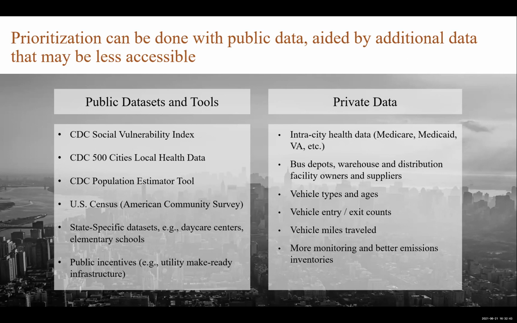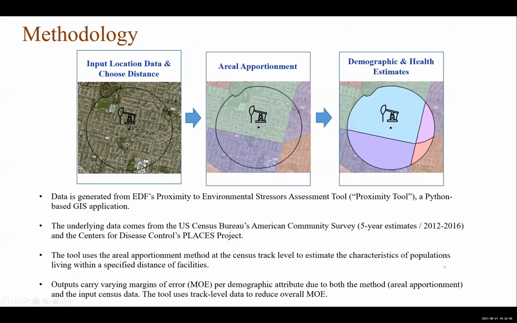Again, a prelude to some of the work that's happening right now. As far as the methods, we're using ArcGIS, inputting localized data for point emissions, again leaning on that warehouse assessment data set, and doing the area apportionment method to identify the actual demographic and health estimates within a half-mile radius.